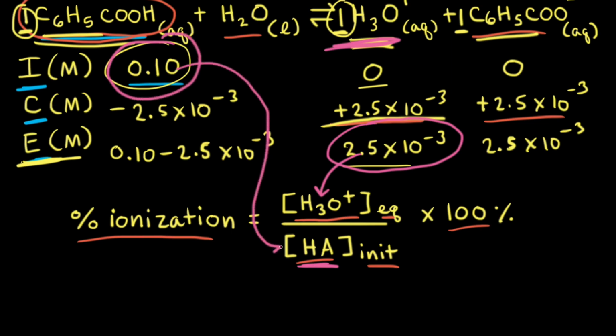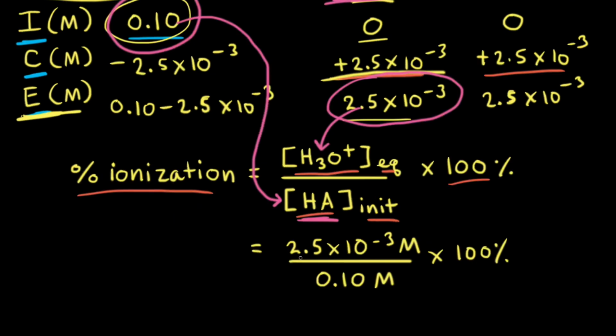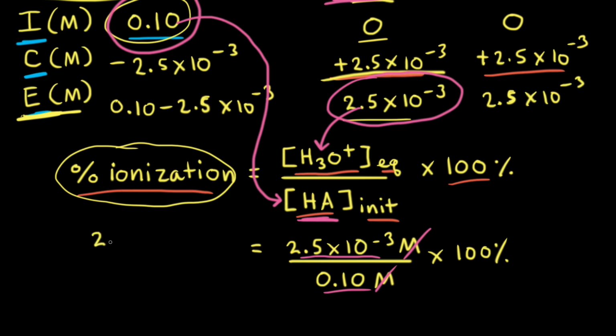So we plug in our concentrations and molar cancels, and we find for the final answer the percent ionization of benzoic acid is equal to 2.5%.